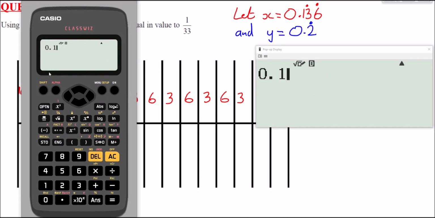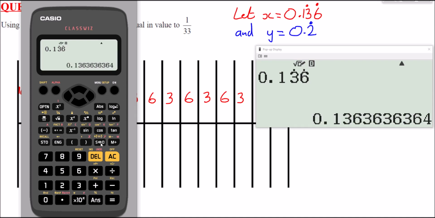The recurring part we type in by pressing Shift then the x squared button on this particular Casio, which gives this button here for recurring. Then we type in the recurring block, 3 and 6, then press equals. We get 3 over 22, but if you press S to D, it shows you the setup, just as we wrote out longhand.